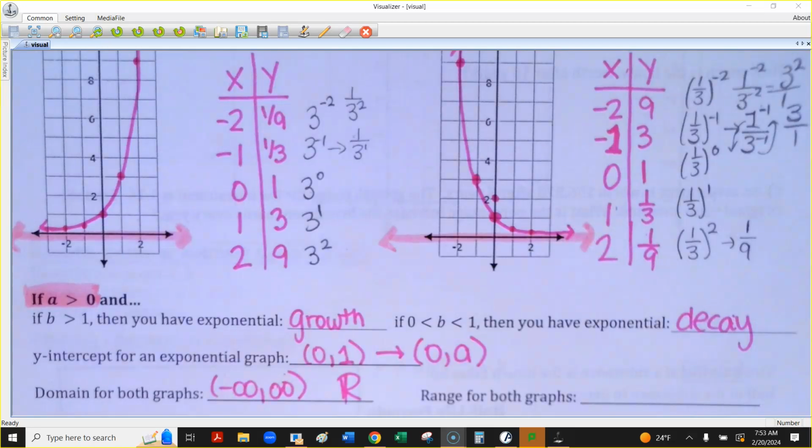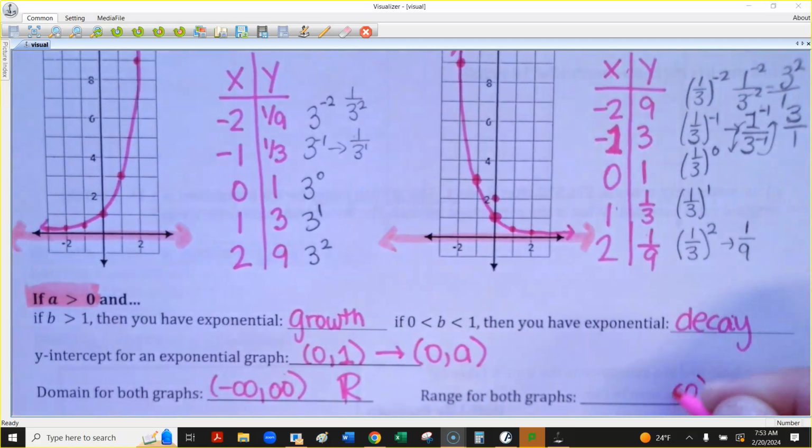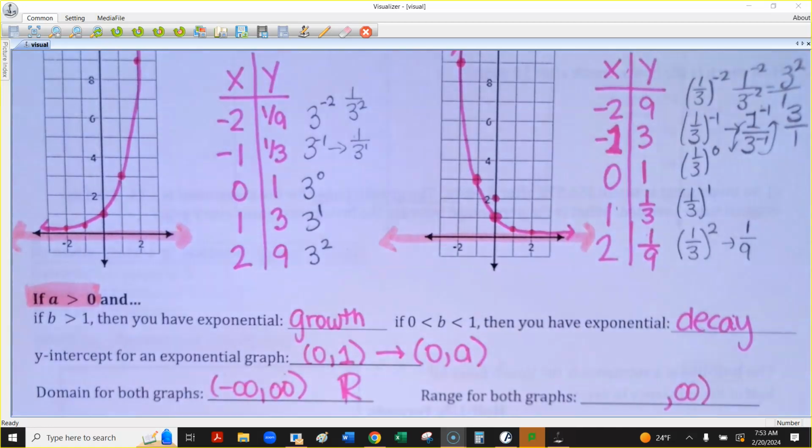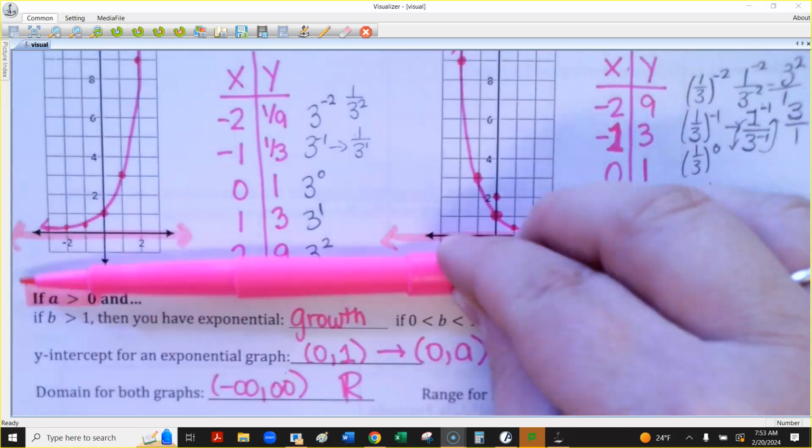What do we think? What's the first y value touch? I go up to infinity, right? It goes up to infinity. Both of them go up to infinity. What would you put on the bottom of this interval?